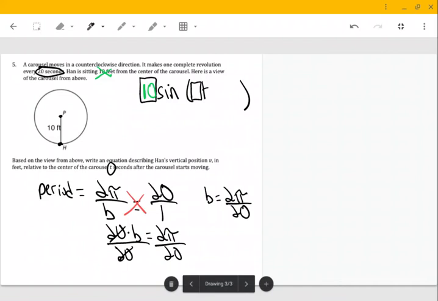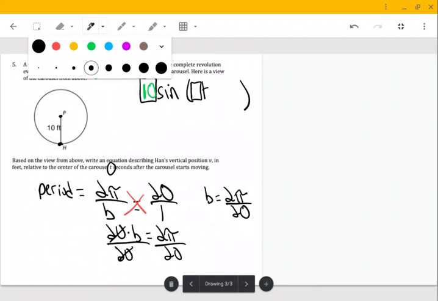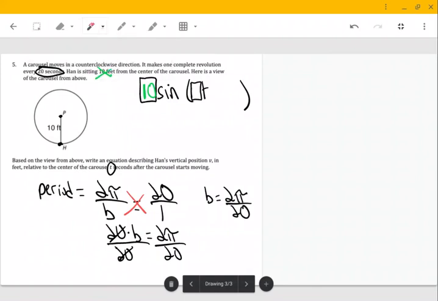Now, you have a choice here. We could reduce this, or we could leave it as is. I'm just going to leave it as is. So the number that goes in front of the t inside the parentheses would be 2 pi over 20.